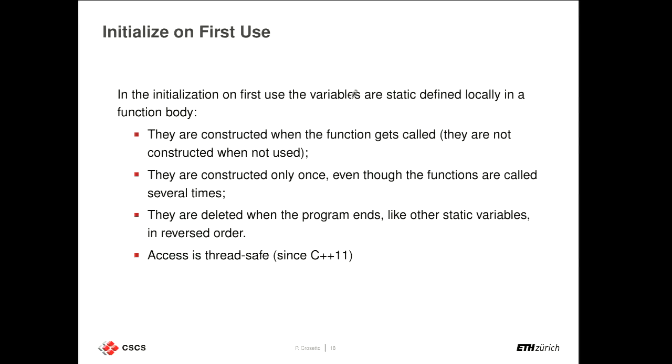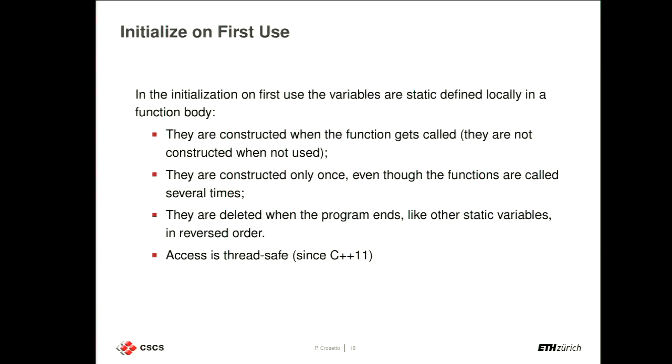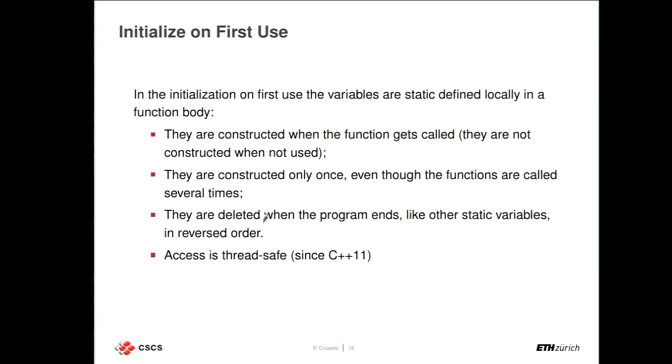So it uses static variables which are in function body. They're constructed, they're initialized when the function gets called, and then they are destructed in reverse order with respect to the initialization.